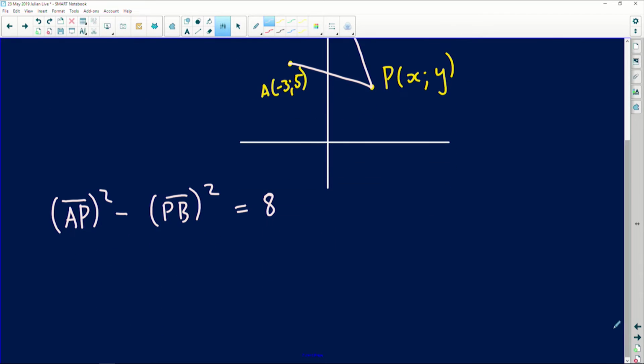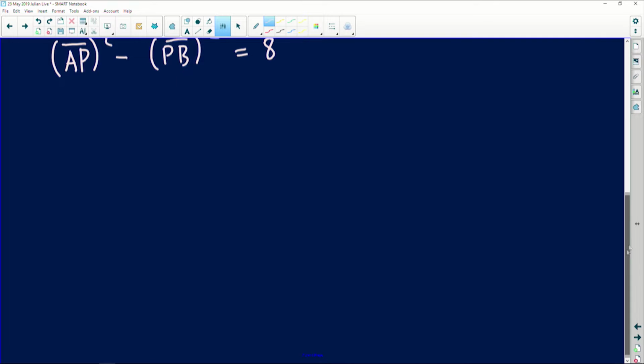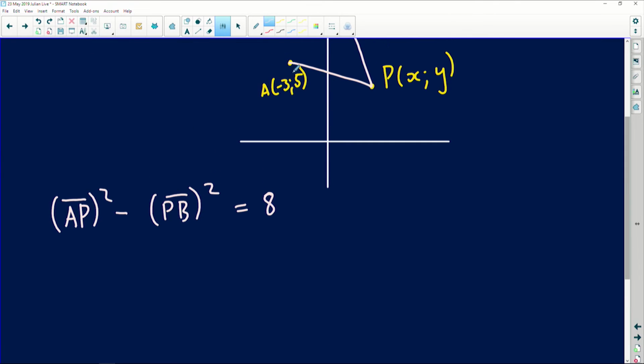What I need to do now is fill in AP and PB, and I need to square them. So what I'm going to do is find AP. My distance AP, I'm going to use my distance formula. So I'm going to say AP, and I'm already going to square it so I can plug it back in there. AP squared is equal to (x minus -3), which becomes (x plus 3), all squared.